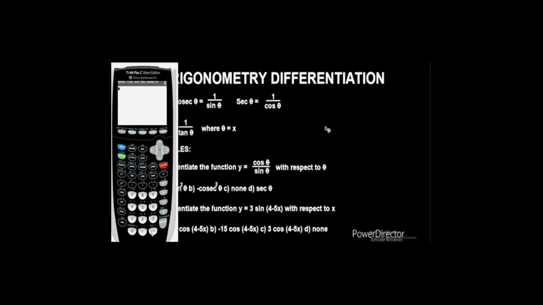So we have minus sine square theta. This is how you present it on this calculator. You press x, close the bracket, then put your square.